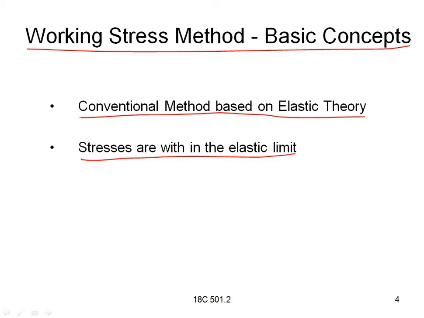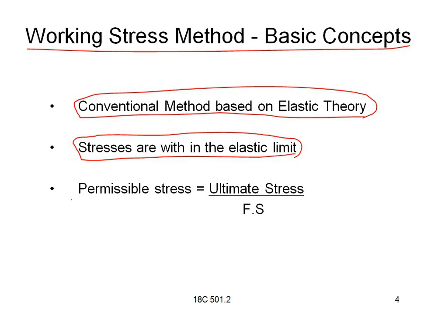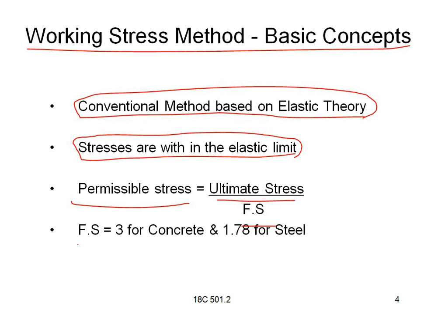The third one is that permissible stress is equal to ultimate stress divided by the factor of safety, where the factor of safety is 3 for concrete and 1.78 for steel.